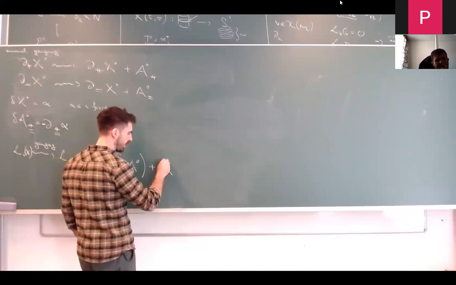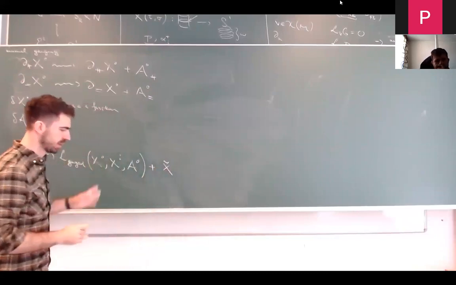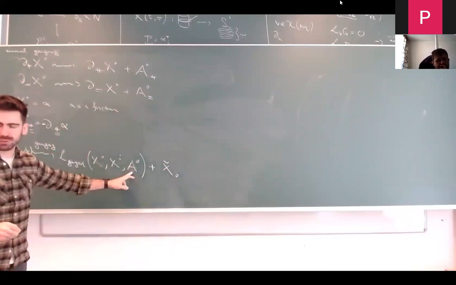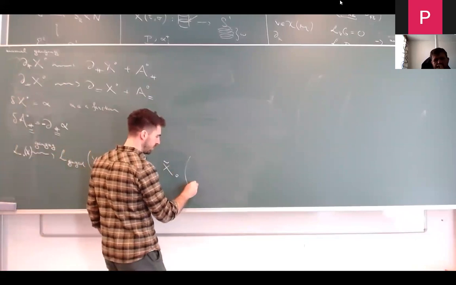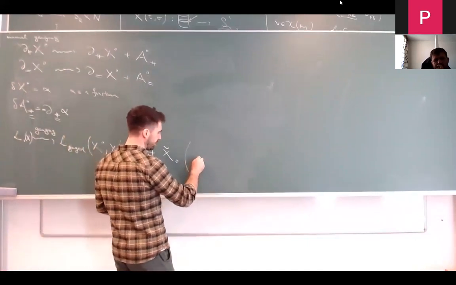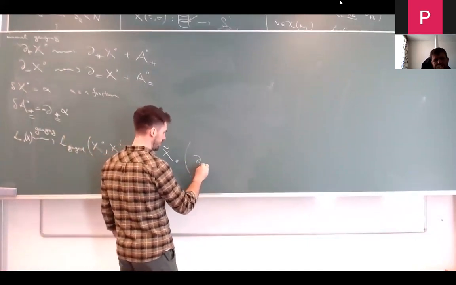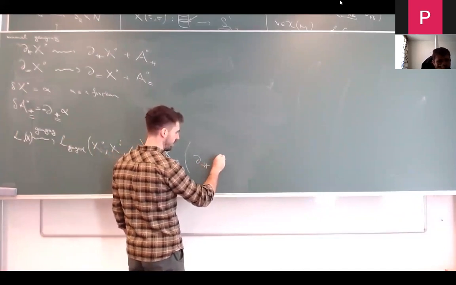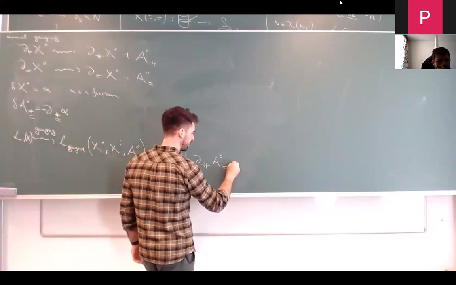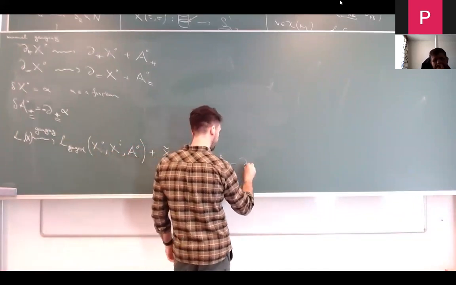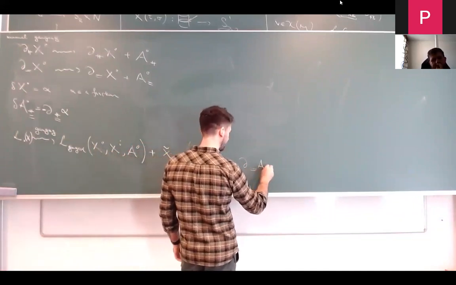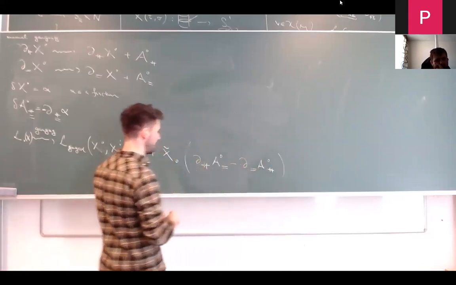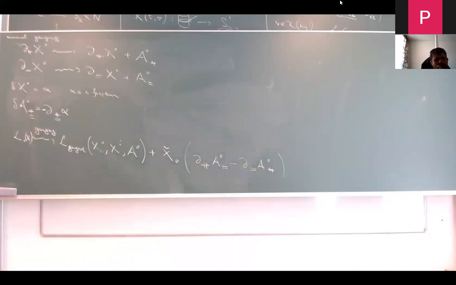I will add this x tilde naught as a Lagrange multiplier, which will enforce flatness of this gauge field. Why would I do that?